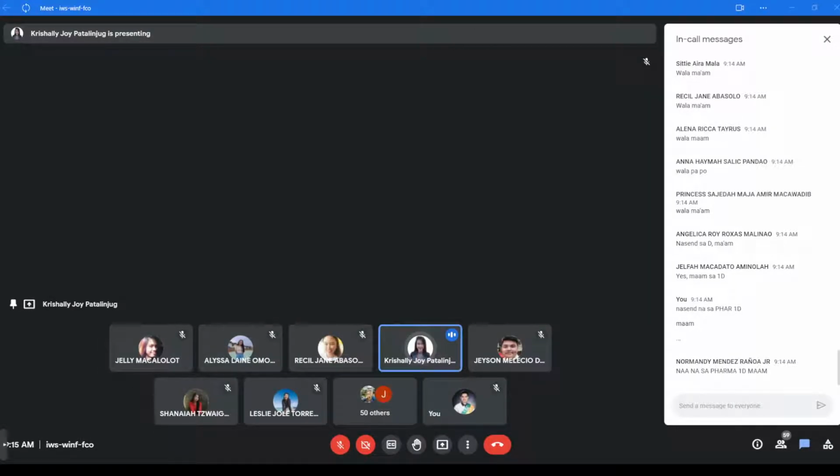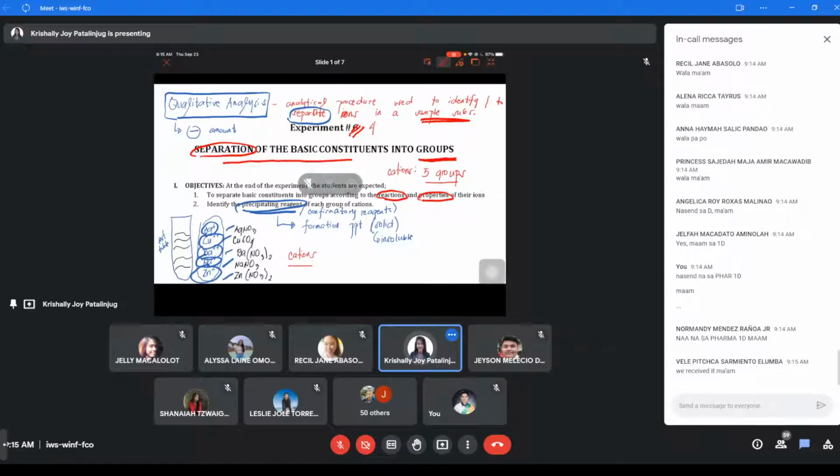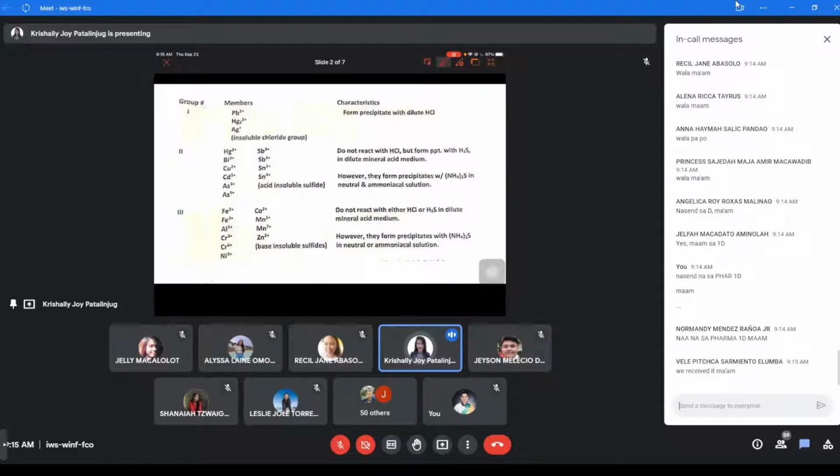Okay? So those are the 5 groups of cations. With regards to those 5 groups of cations, I repeat, they are categorized into 5 groups based on their reacting groups or their characteristics.